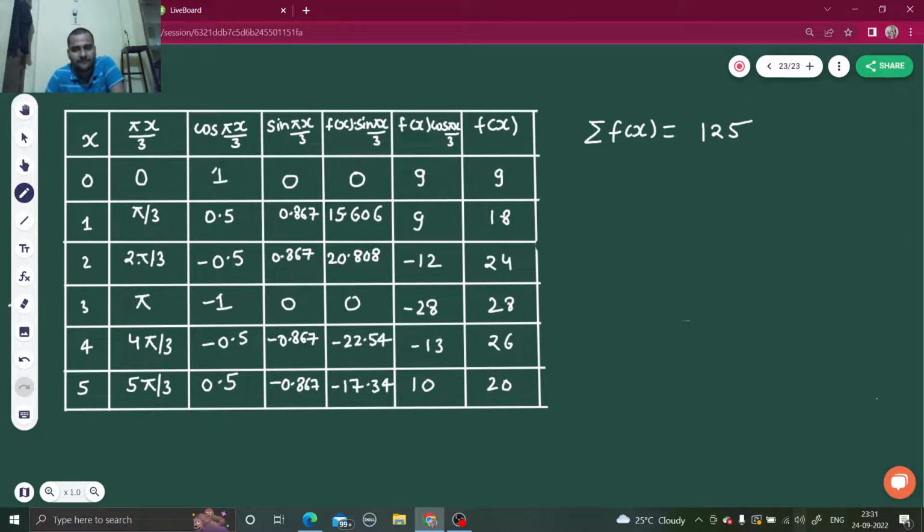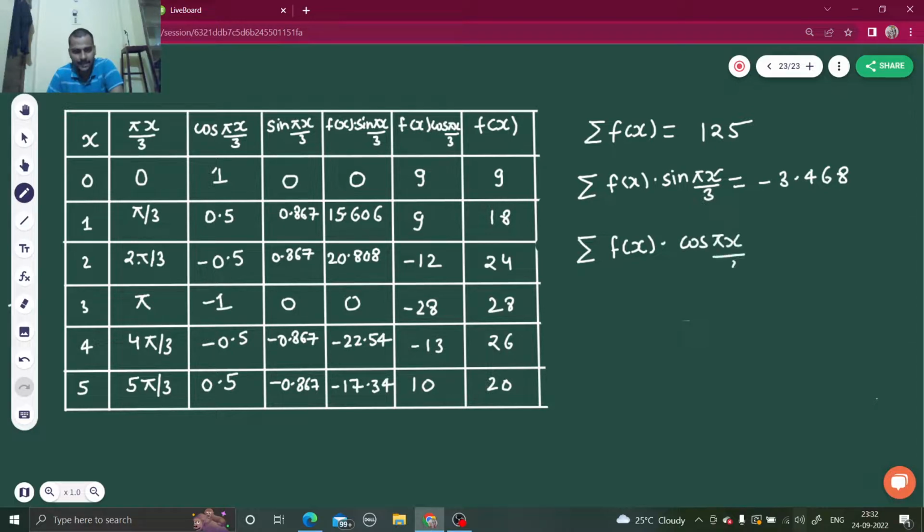Then we'll have to find summation fx sine pi x by 3. So that will come out to be minus 3.468, and summation fx cos pi x by 3 will come out to be minus 25.